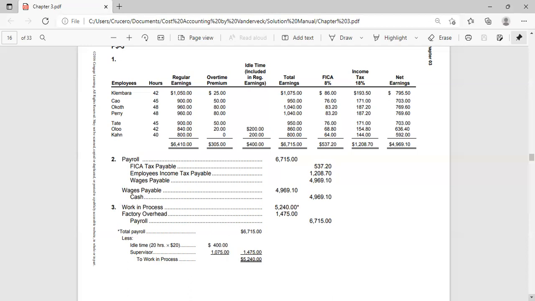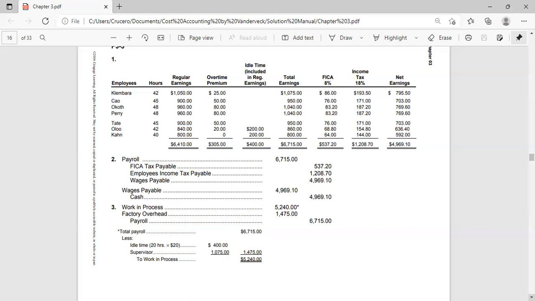And now we have the entry in requirement 2 to finally credit wages payable for the net earnings and finally credit to cash. Now, in order to distribute the payroll cost, how much is the payroll cost to be distributed? So how do we distribute?